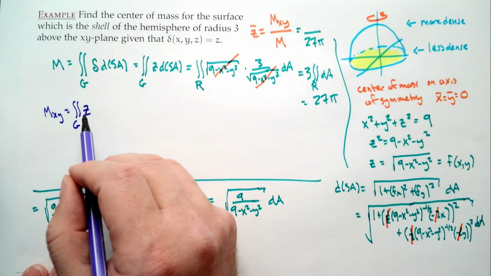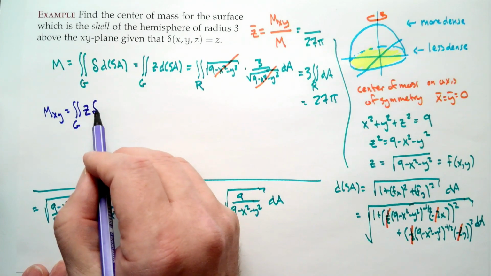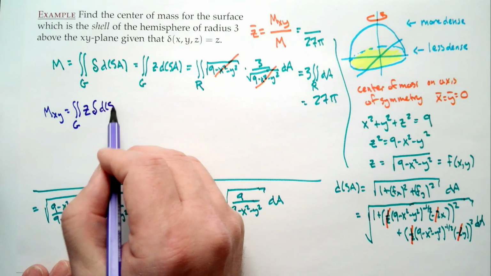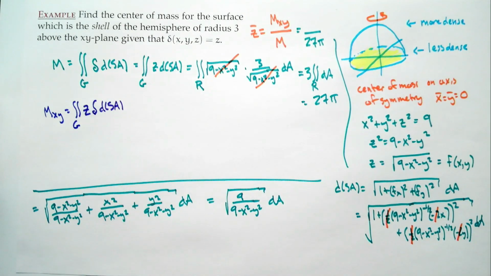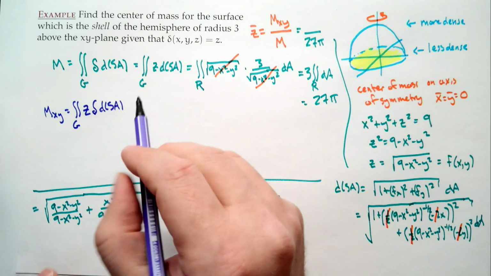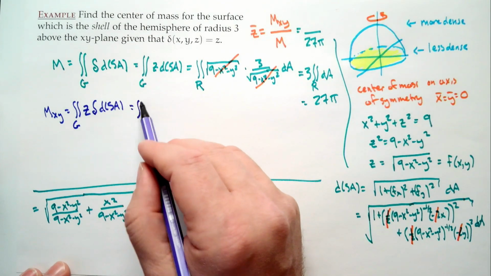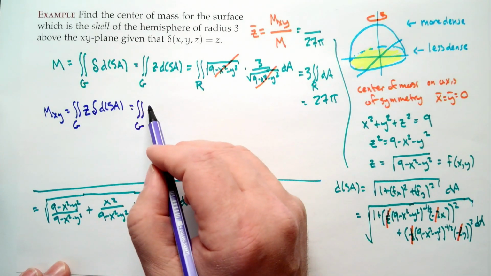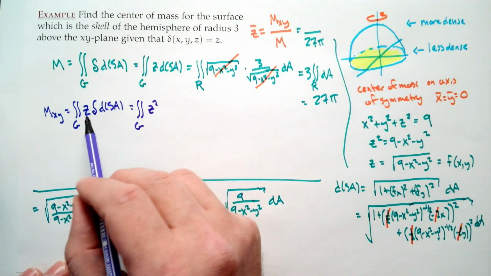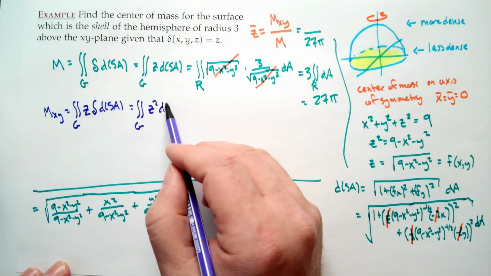You can think of it as distance, or if you like, you can think of it as location. In this case, because we're talking about with respect to the xy plane, the distance would be z. So what we're doing is we're going to integrate over our surface z squared, because our density is also z.